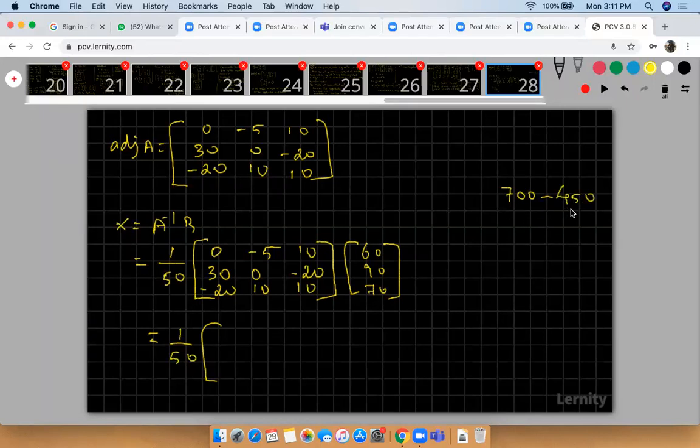Okay, so therefore, this is my plus 250. First one is 0. Right, now this is 30 into 60. Okay, so therefore, this is 1800. And this is 0.